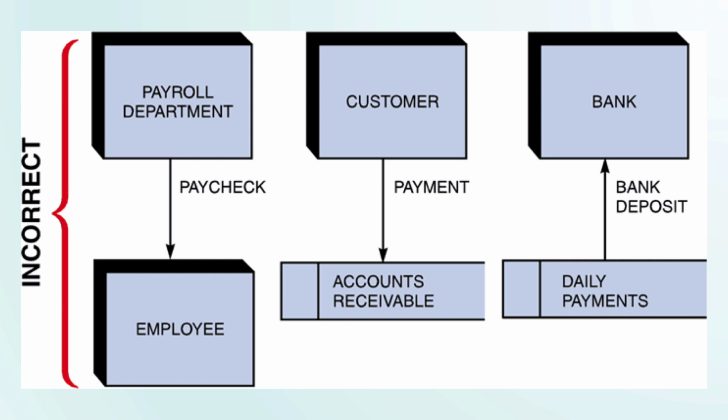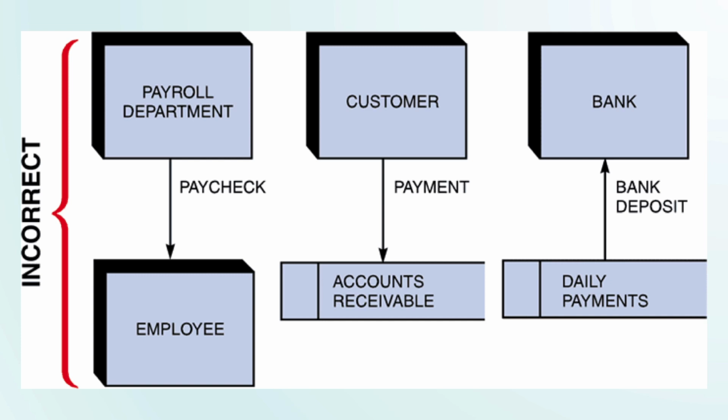The second situation is one entity connected directly to a data store. This also cannot be done. The second example, customer and account receivable, and also bank and daily payment, is the incorrect way, because the external entity is connected directly to the data store.